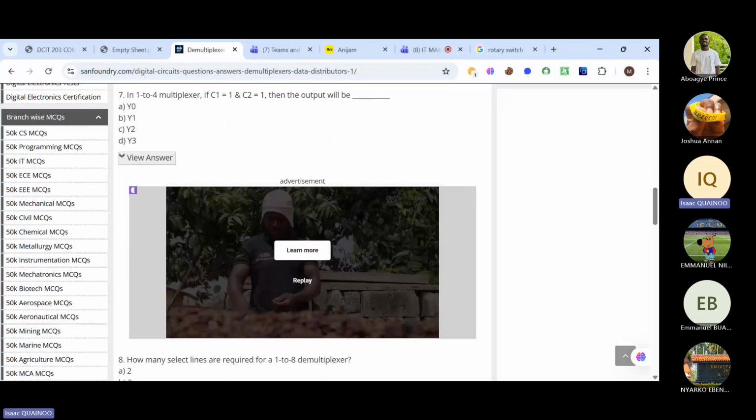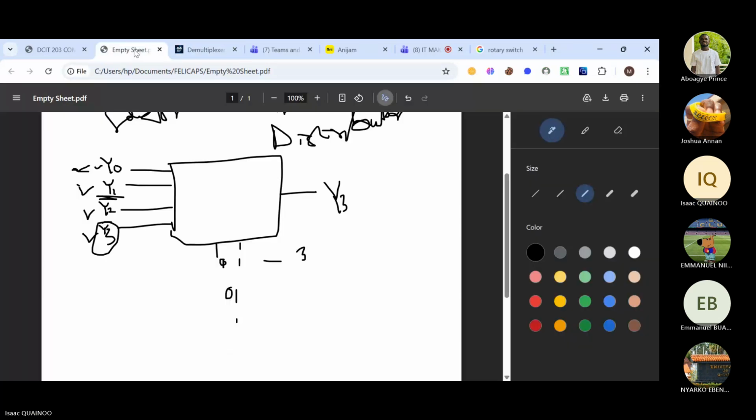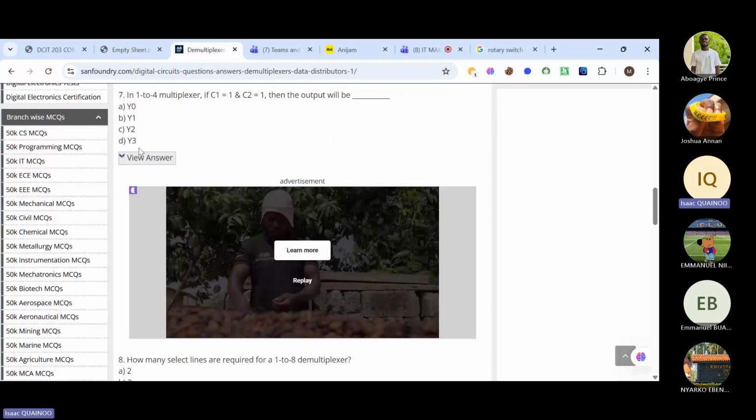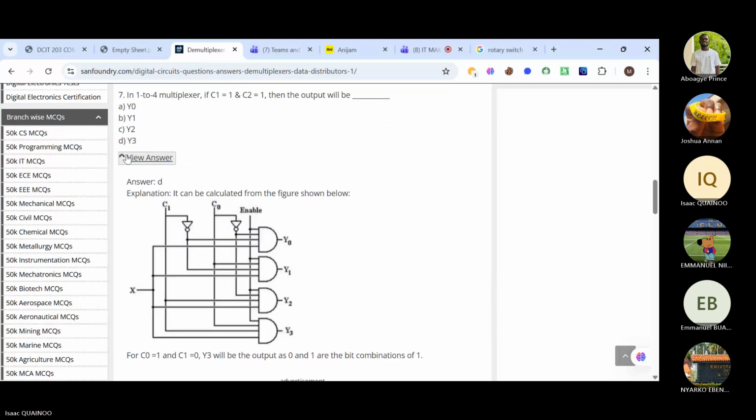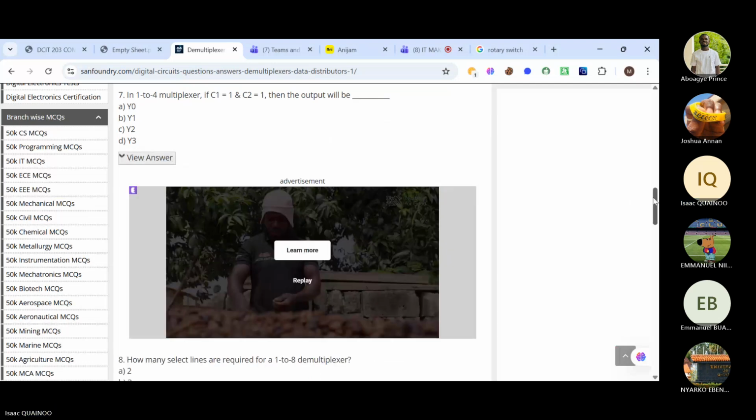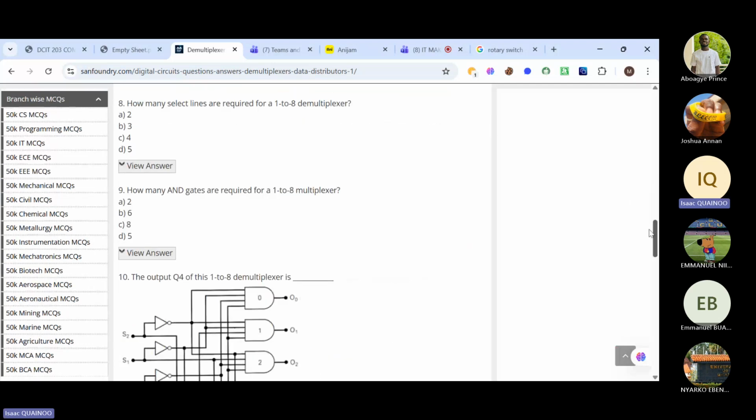And then question 7, that is 1, 1. 1, 1 will correspond to data line 3, right? So you have data line 0, data line 1, data line 2, data line 3, which is Y3. So that's going to be option D. Okay, so let's go to question 8.